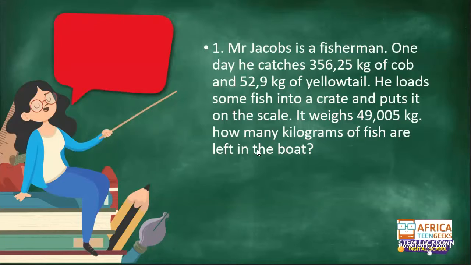So yes, if you add 356.25 of carp as well as 52.9 kg of yellowtail, and thereafter you subtract 49.005, you will be able to get the final answer there. That is the kilogram of fish that will be left.